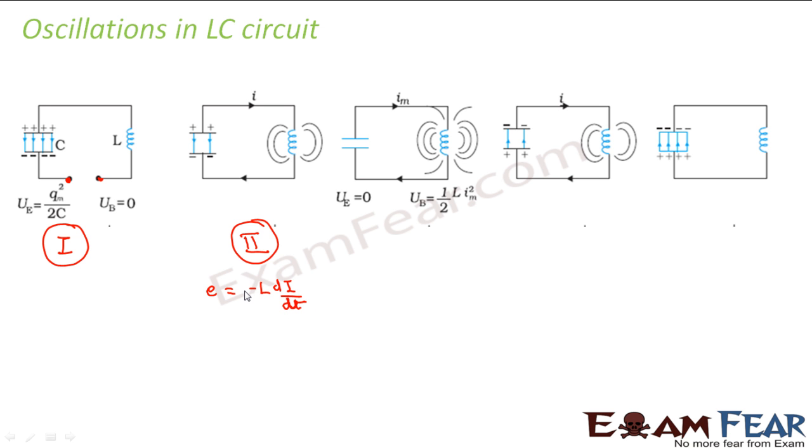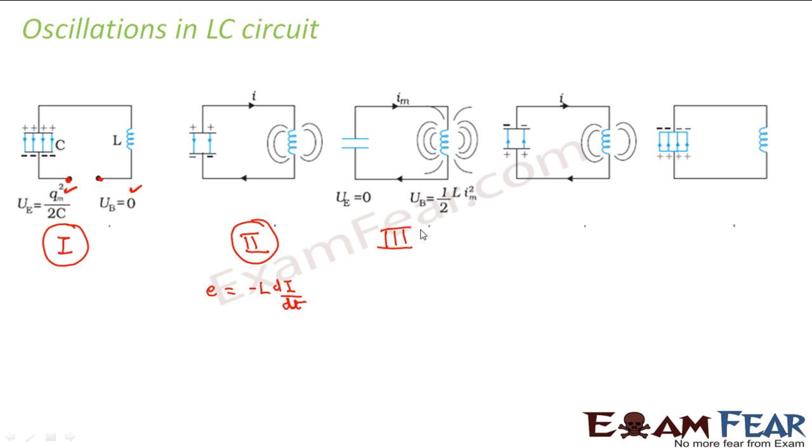This induced EMF will try to oppose the change which produced it, so it will oppose the growth of current. Therefore, it will encourage the discharging of the capacitor. So the capacitor will keep on discharging. As the capacitor discharges, the energy in the capacitor keeps decreasing and the energy in the inductor keeps increasing.